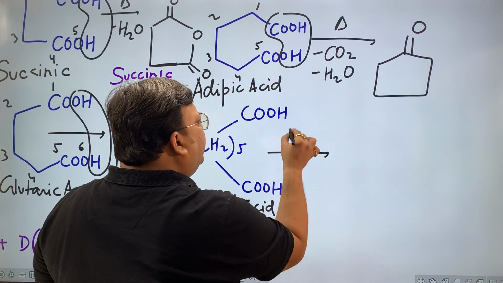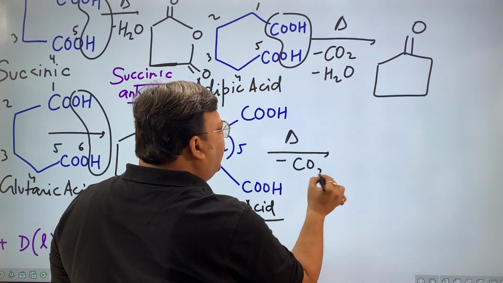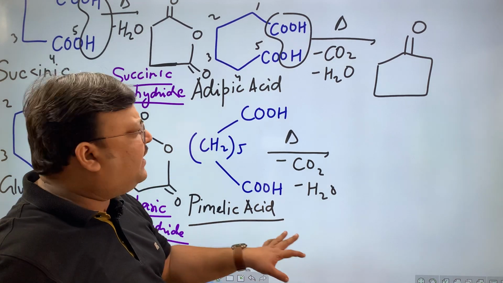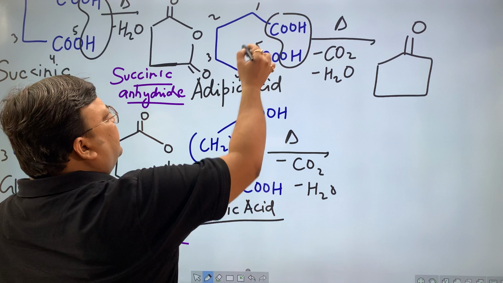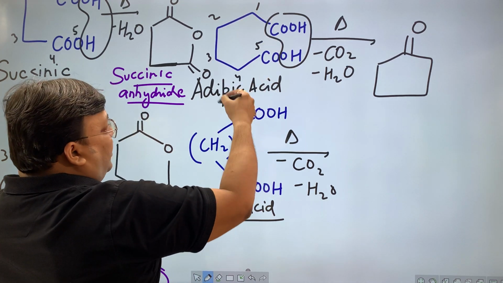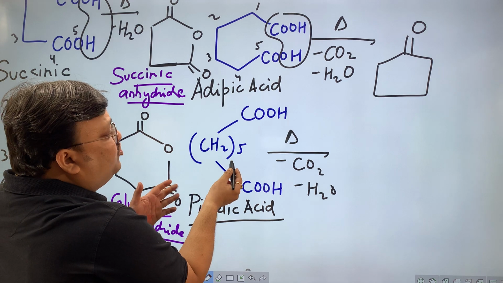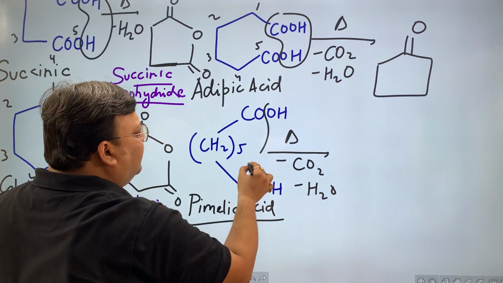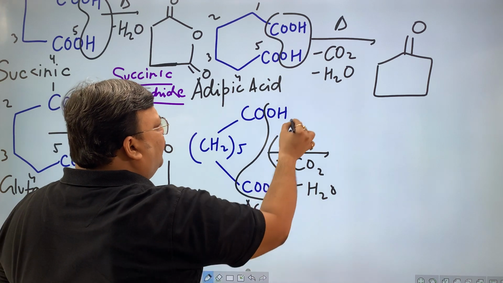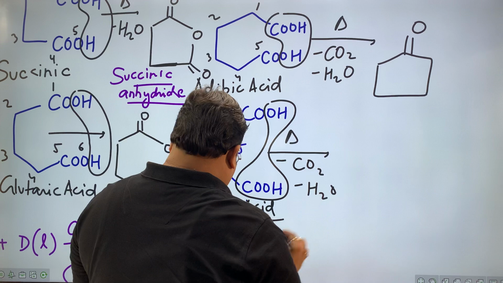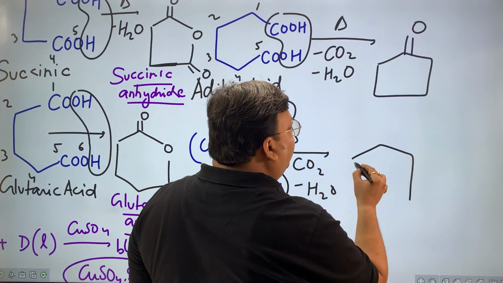Here again, heating would mean loss of carbon dioxide, loss of water. Here again, it will be both decarboxylation and dehydration. And you know the way it's 1, 2, 3, 4. 4 CH2 है, एक और कार्बन ऐड करेंगे, it will become 5 का CH2. When you remove carbon dioxide and water, naturally it will be the most stable 6-membered ring.